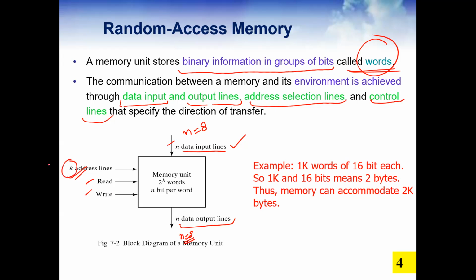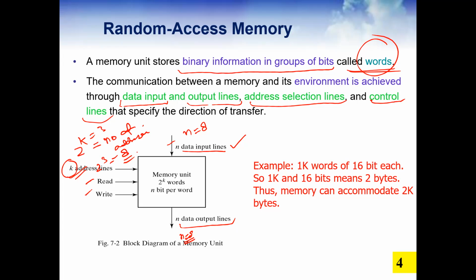K address lines means that 2 to the power k will tell you the number of addresses present, right? If I say k is equal to 3, then 2 to the power 3 is equal to 8 addresses. It means 8 different registers can be located by using 3 binary bits, because we can generate 8 different addresses.